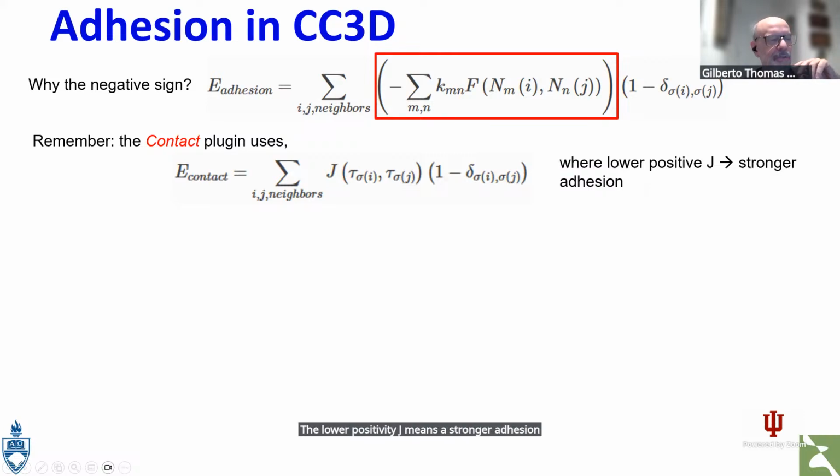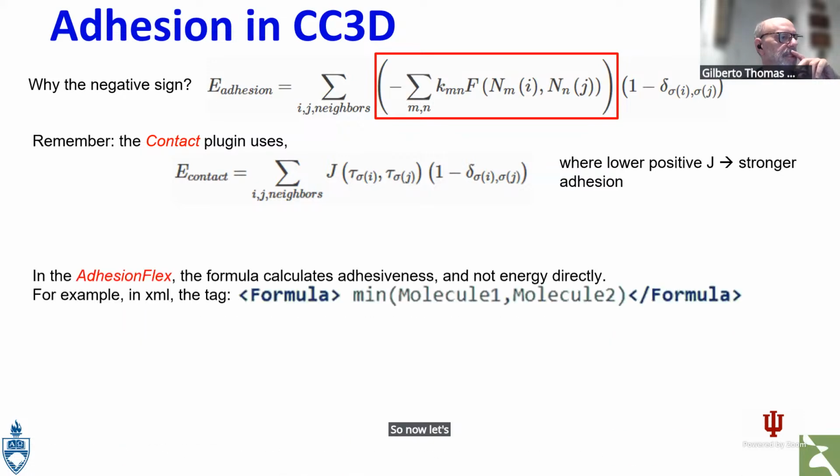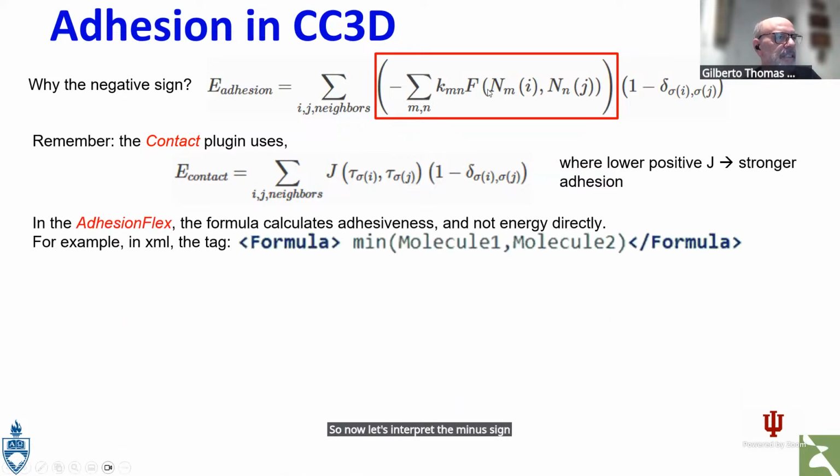Okay? So now let's interpret the minus sign. In this plugin, one of the ways to calculate the function f is that the formula should be, for example, the minimum of molecule 1 and molecule 2. Okay, you take n, m, and n.